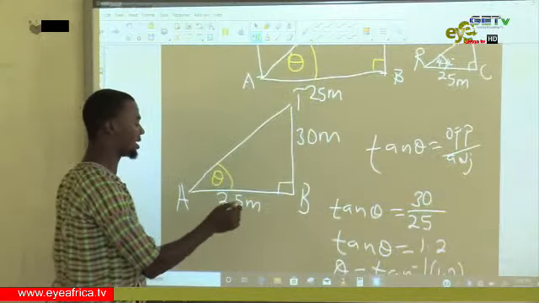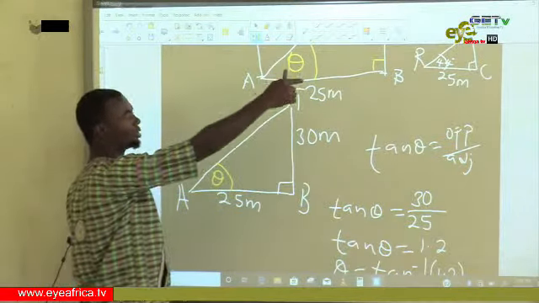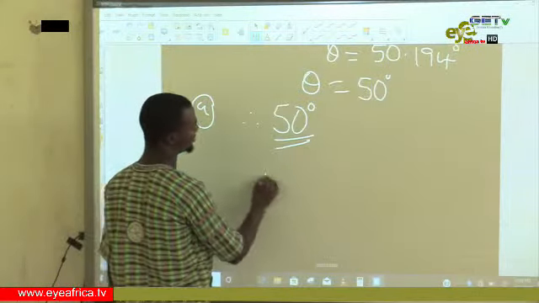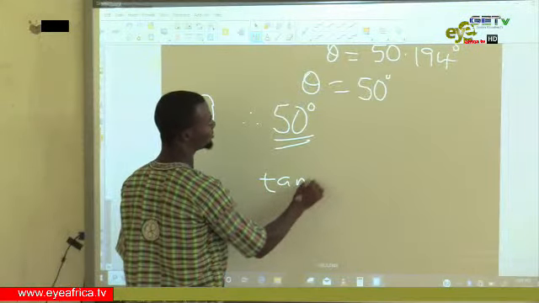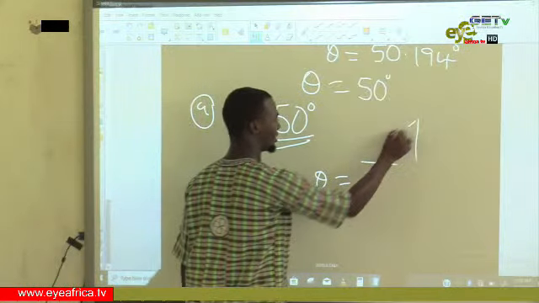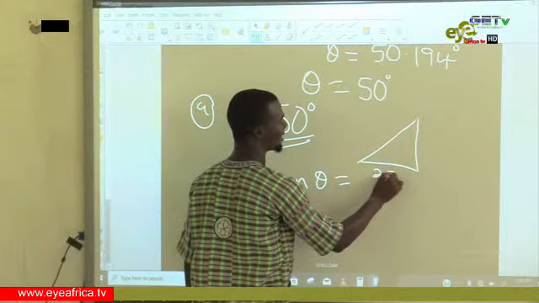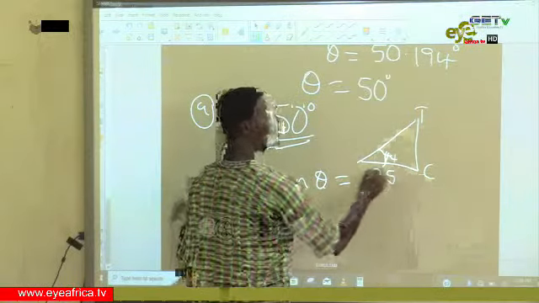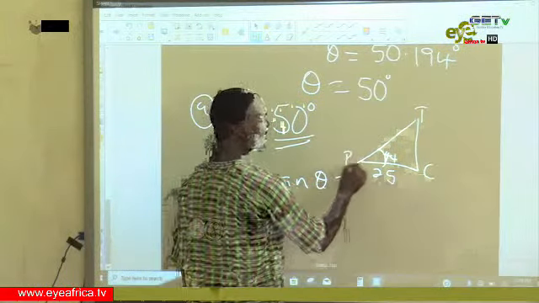We use tan to find it, because we are looking for the opposite and we have the adjacent. So we will have tan theta is equal to, that's the right angle triangle. Let me get it again. This is 25 meters. This is T, this is C, and here is 44 degrees, and this one is R, the top of the flag.